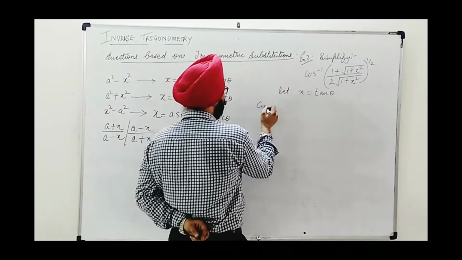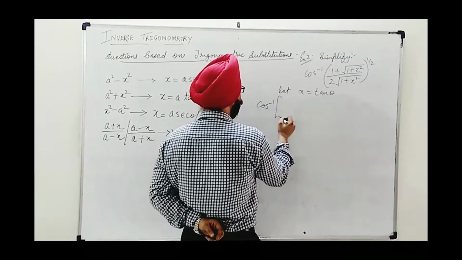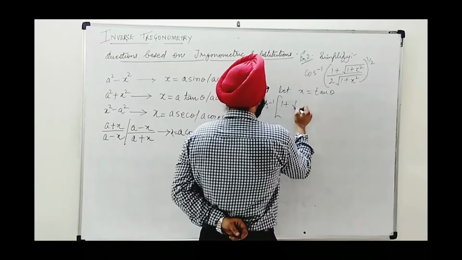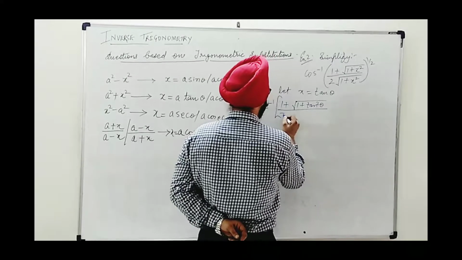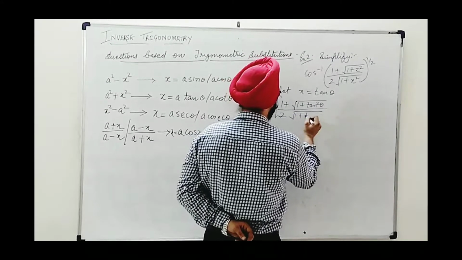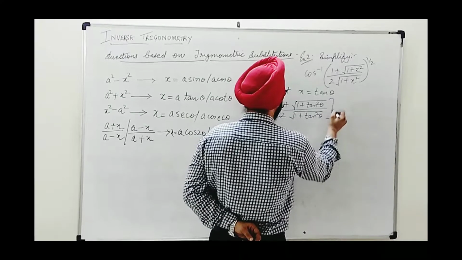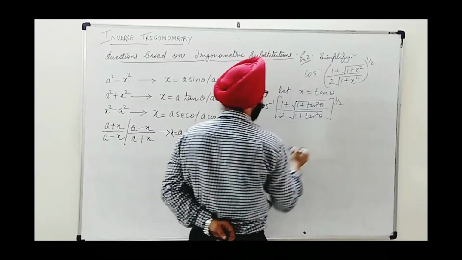So the given expression can be written as cos inverse of (1 plus under root (1 plus tan square theta)) upon twice of under root (1 plus tan square theta), and the whole to the power 1 by 2.